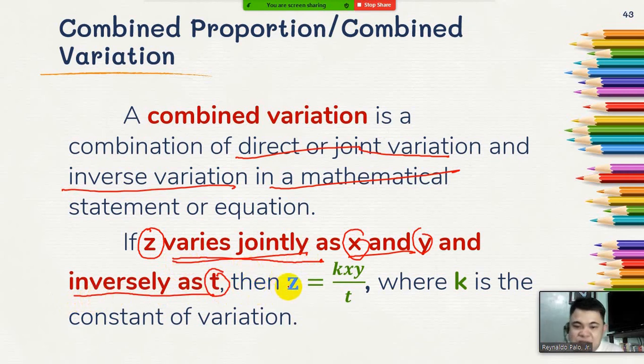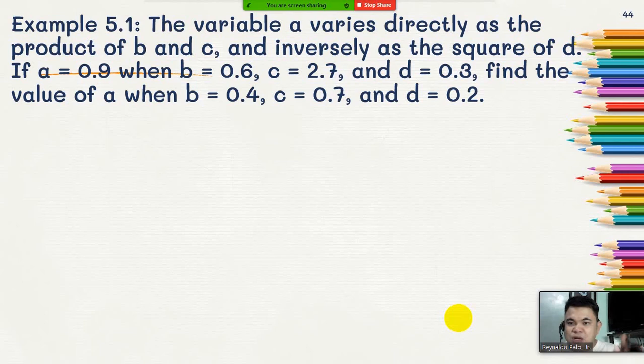So in symbols, z is equal to kxy over t, or z varies jointly as x and y, and z is inversely proportional to t, where k is the constant of variation. As simple as that, class. So it's a combination of joint or direct and inverse variations. Alright, let's proceed to the first example.